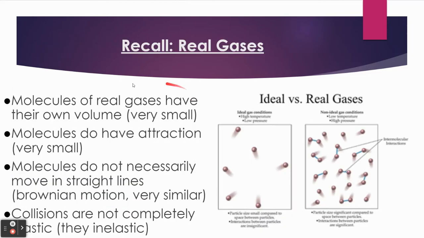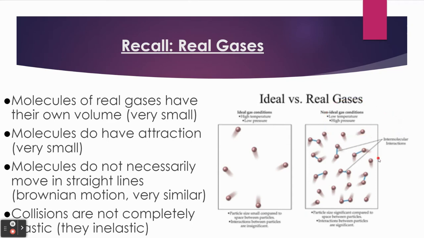Now, in reality, molecules of real gases do have a volume of their own, but it's so tiny we can still go with the ideal gas assumption that they don't have a volume. They actually do have an attraction towards each other, but again, it's such a small attraction that we don't need to consider it when we're doing our calculations and explaining our observations. And real gases don't necessarily move in straight lines. They do something called Brownian motion, which is very similar to moving in straight lines, but a little bit different.